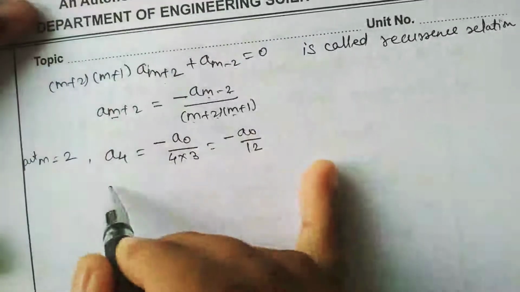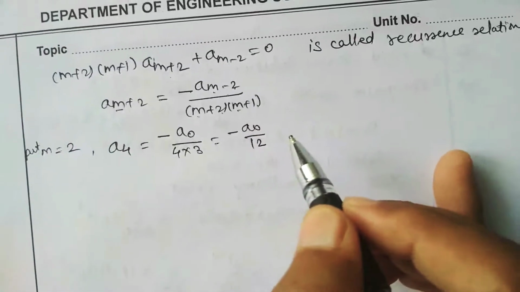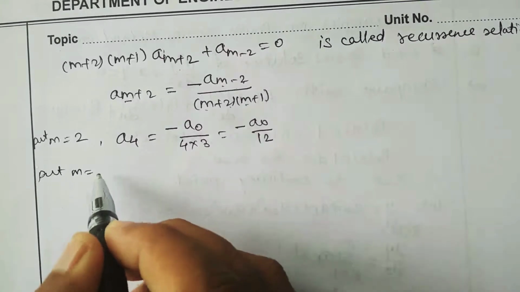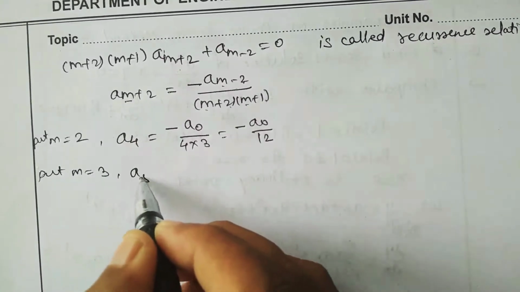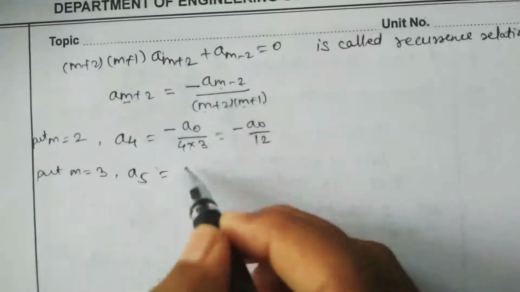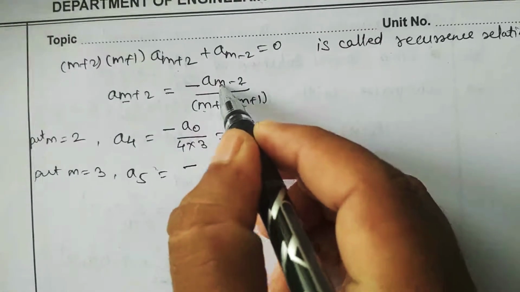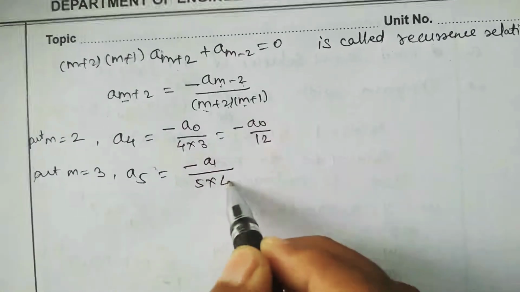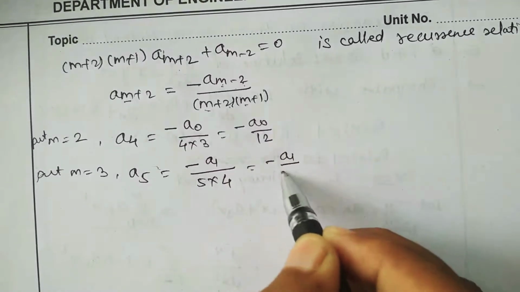So we will get the value of a4 in terms of a0. Then put m = 3. So we will get a5 = -a1 / ((3+2)(3+1)), where 3 minus 2 is 1, 5 into 4. That means -a1/20.